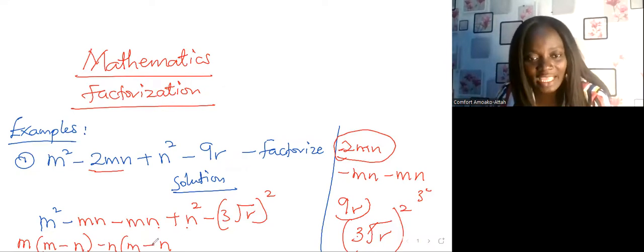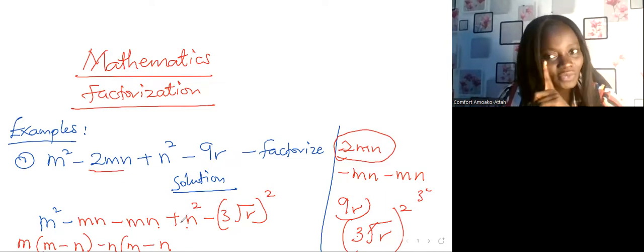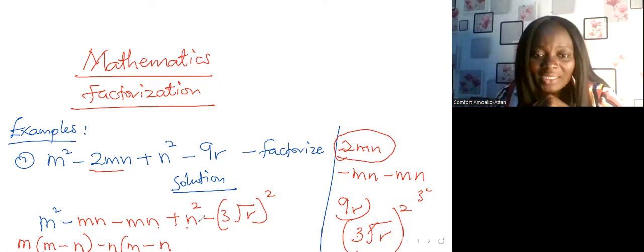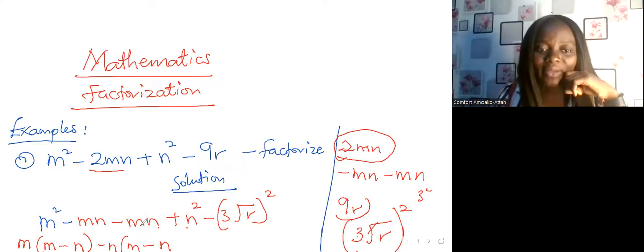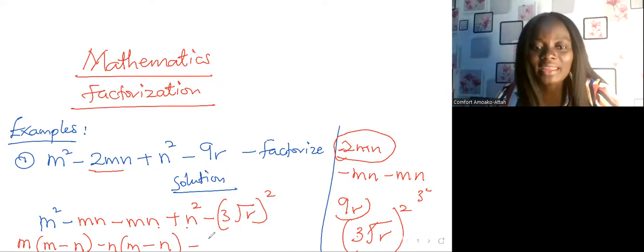Negative times negative will give us the positive over here. Don't be confused. For this side, the common factor was negative n. I brought it out and I'm left with positive m here, then negative n over here. Okay, so minus 3 root r all squared.